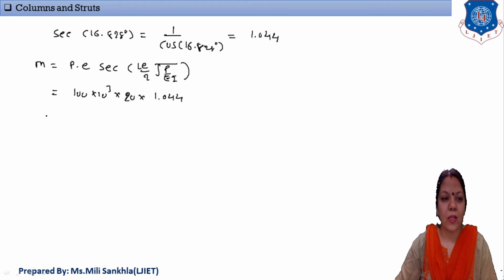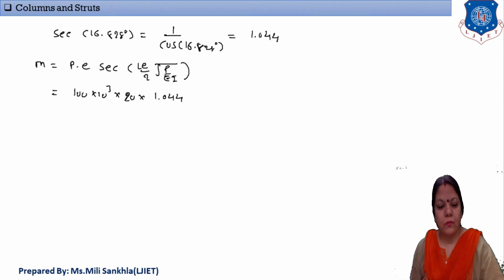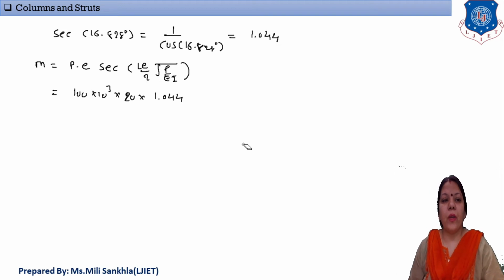And now my answer for this bending moment M. Okay, now what is the answer of this M? M is equal to, write down here, moment M is equal to 2089400, and what is the unit of this moment? That is equal to Newton mm.